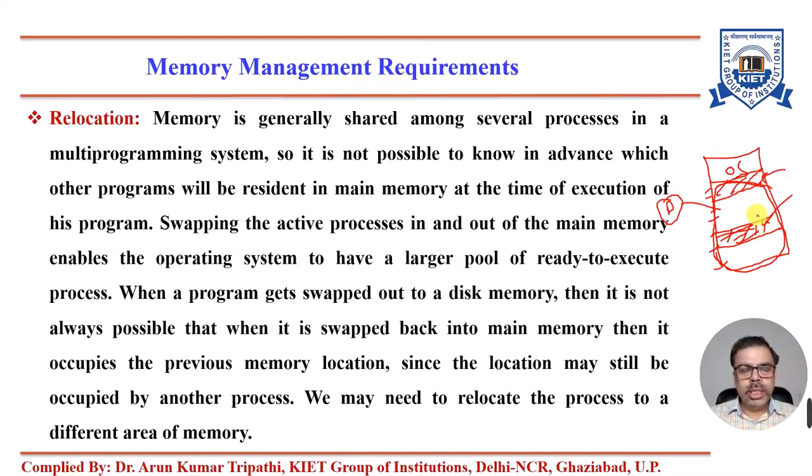So there is no fixed location that a particular program will occupy in the RAM, or we can say primary memory. So relocation is there, from one location to another location, whenever the program is brought into the primary memory or RAM again and again. There is no specified location where the program will come.